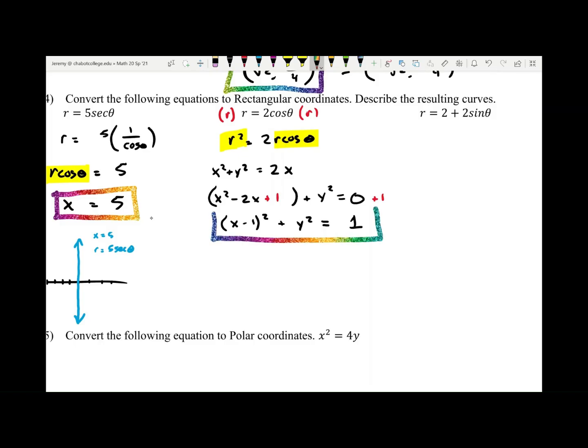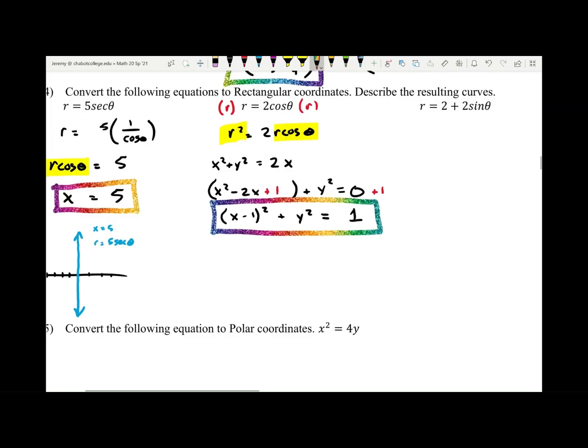And that's a circle, right? This is in the standard form of a circle. This is a circle with radius 1. So the center is this ordered pair h, k, which in this case is 1, 0, and the radius is 1. So I can graph this. It's going to look like this. Let's see, there's 1, there's 2.